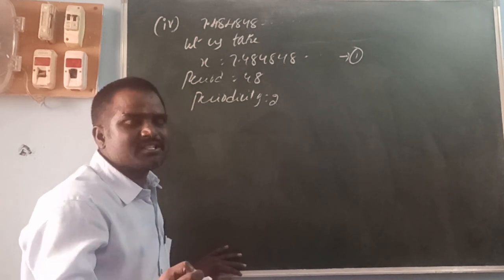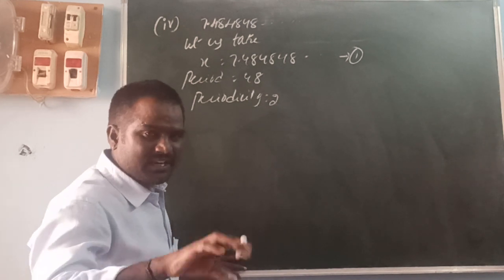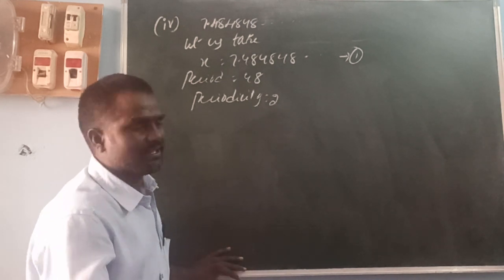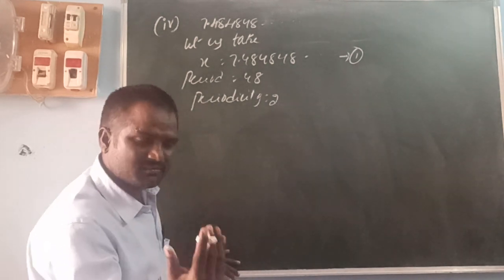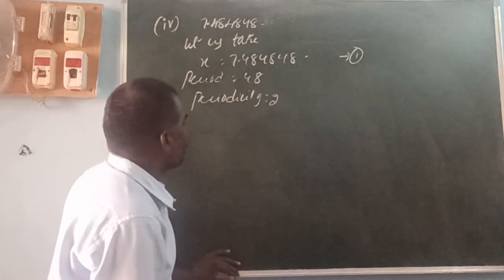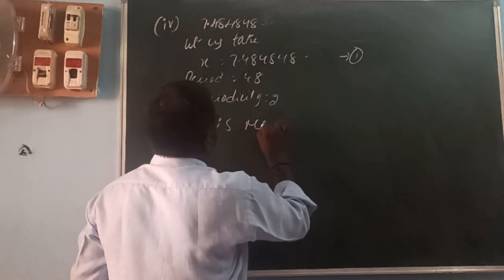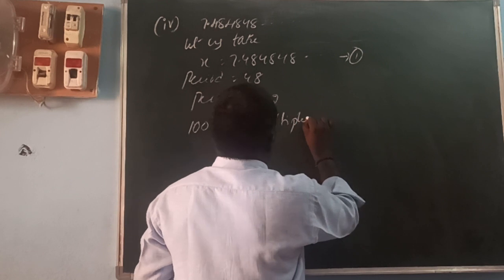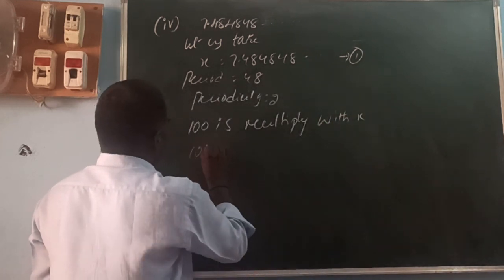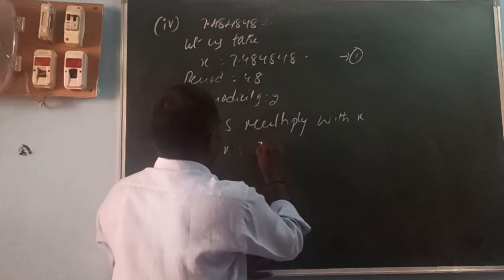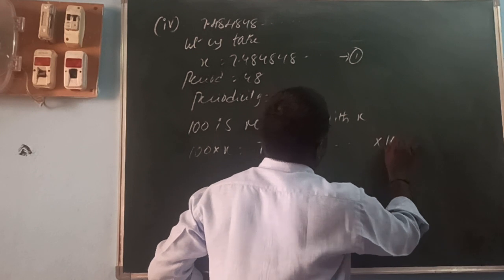When two decimals are there, how many zeros does the denominator have? Two zeros, that means 100. We multiply with 100 because the repeating decimals change to a whole number. So 100 multiplied with x: 100x is equal to 7.484848 and so on into 100.